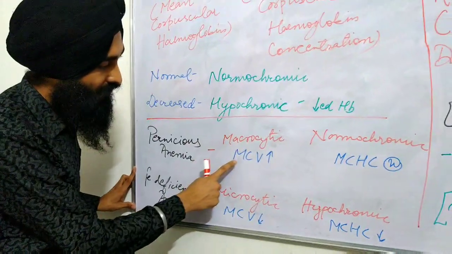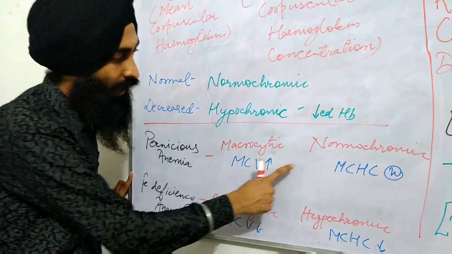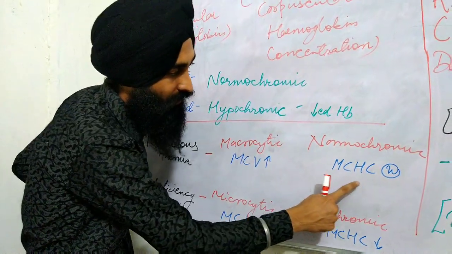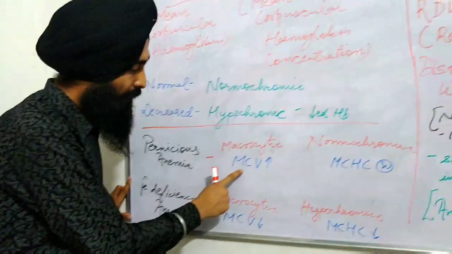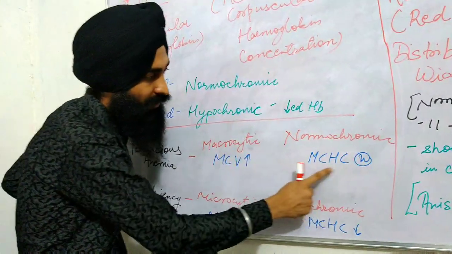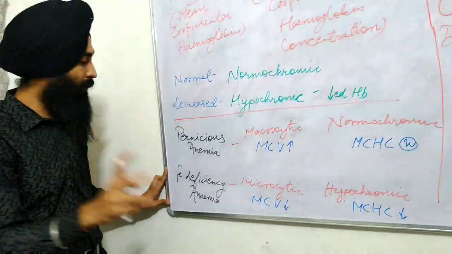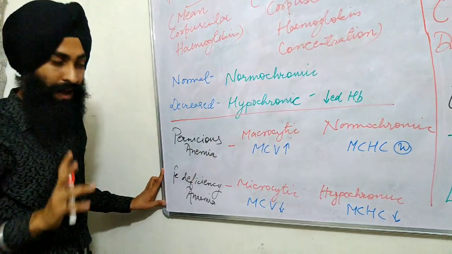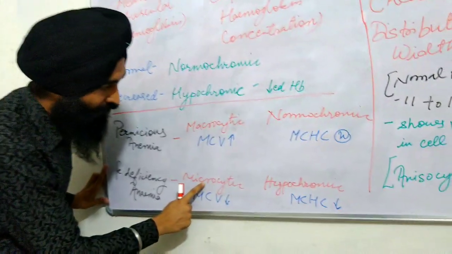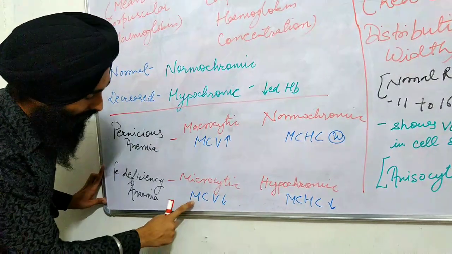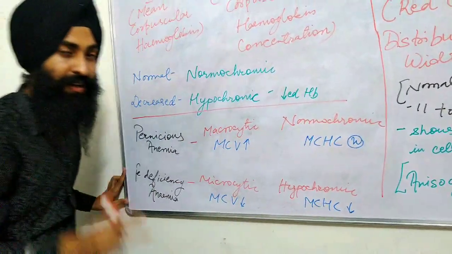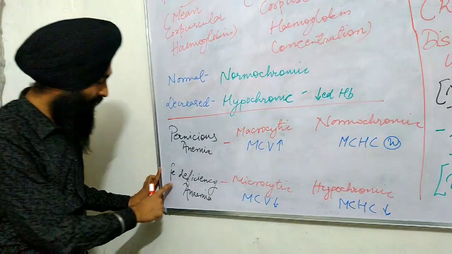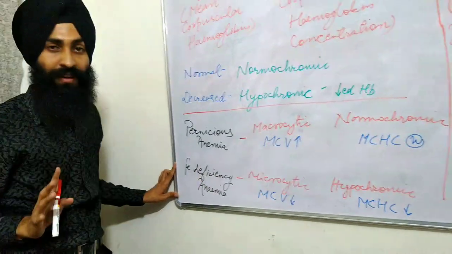Macrocytic means MCV is increased and normochromic means MCHC is normal. So if in CBC you find MCV is increased and MCHC is normal, the condition may be pernicious anemia. And if we find microcytic hypochromic, that is MCV is decreased and MCHC is decreased, if both the parameters are decreased, the condition will be iron deficiency anemia.